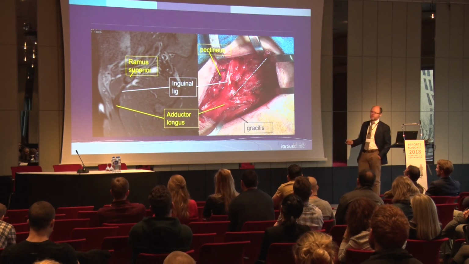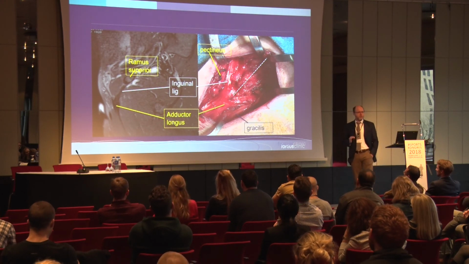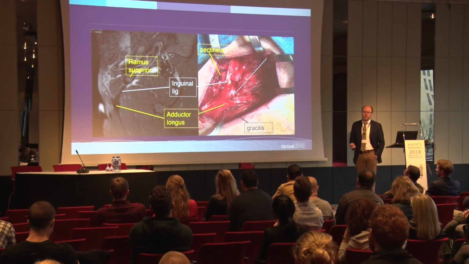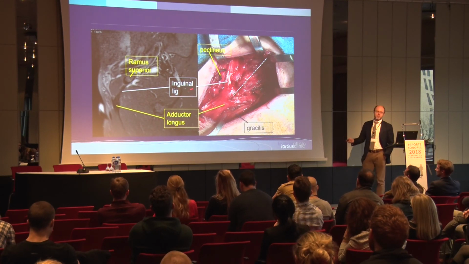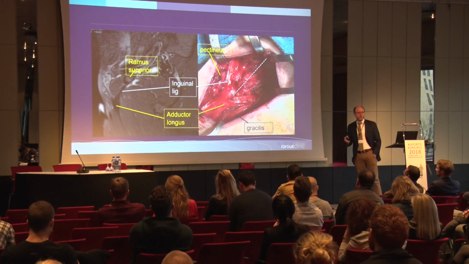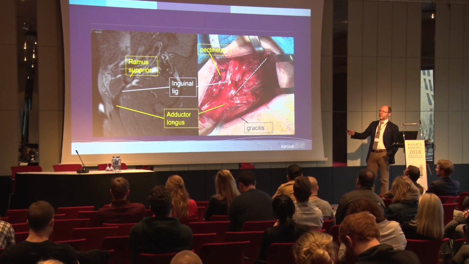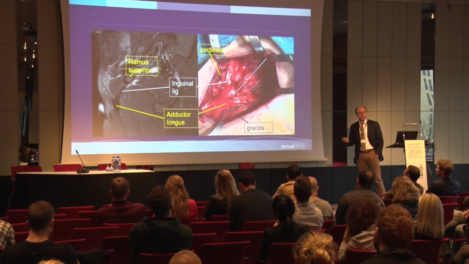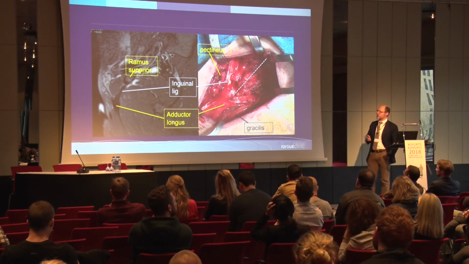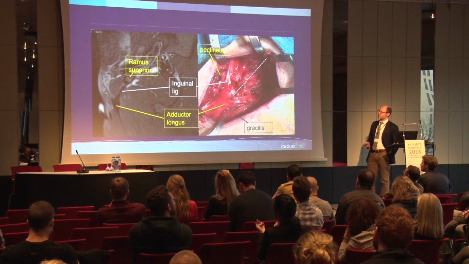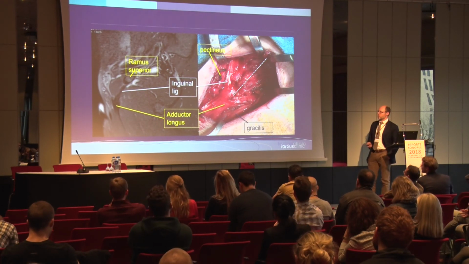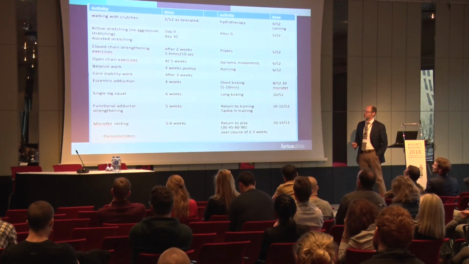I think with these kinds of injuries, it's very important to deal with them acutely, because if you have to deal with them 8 months down the line, your dissection becomes quite difficult, and you spend an awful lot of time freeing everything up and mobilizing it back into place. But still, you can get good results, and you can mobilize things back into a normal place most of the time.